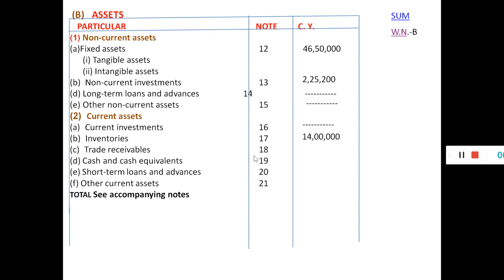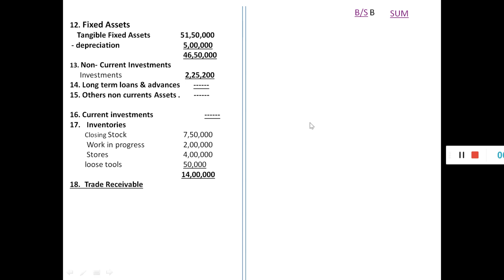Go to the note number 18, trade receivable. Debtors 12 lakh 25,000. Bad debt reserve 20,200 as per the sum will be deducted from the 12 lakh 25,000. Remaining 12 lakh 4,800 will be shown in the balance sheet. Note number 18.